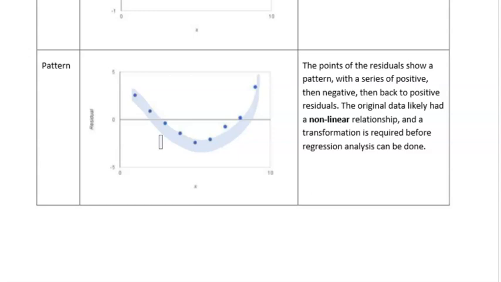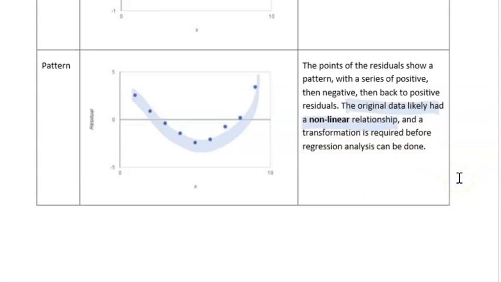The data is starting above the residual line, dropping below in the middle, coming back up again. So there is a pattern. I can draw a line through that pattern and follow it. That means my original data would have been non-linear. You can see here we talk about, and therefore a transformation is required.